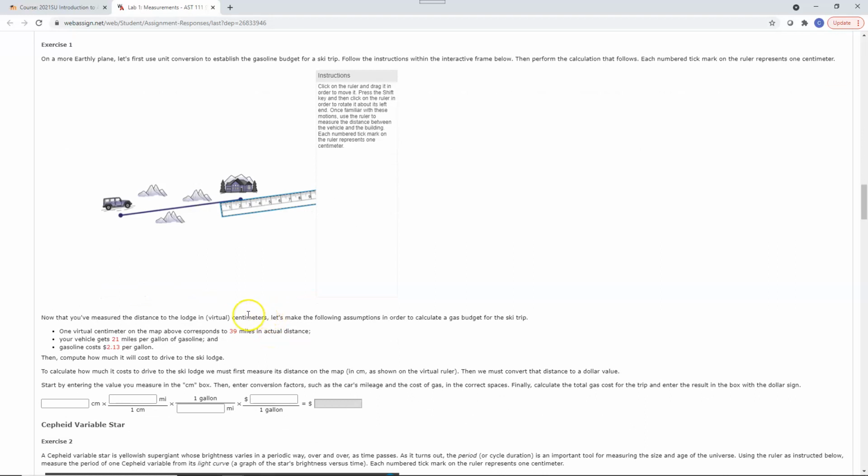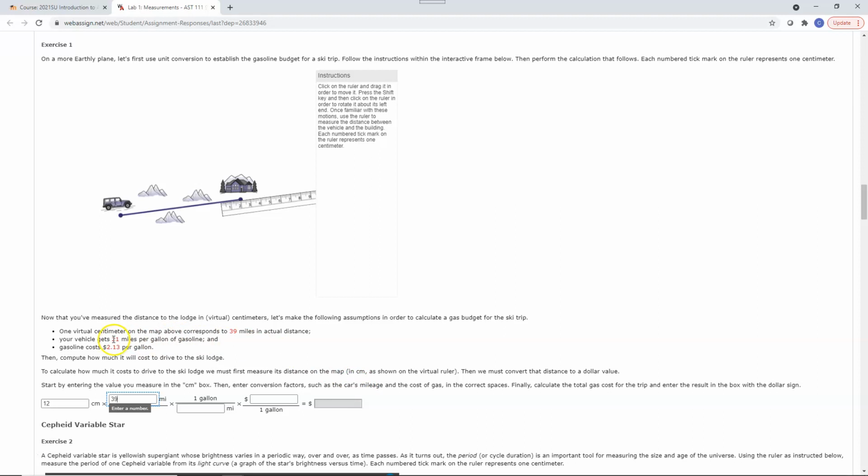All right. So now that you've got the virtual distance in centimeters, and you know no trip is exactly a straight line, you've got 1 virtual centimeter on the map corresponds to 39 actual miles in distance. All right, so we have 12 centimeters. I'm going to put a number right there, 12 centimeters. And then that corresponds to, again, remember what we did before, 39 miles that it says up here, listed in red, 39 miles.